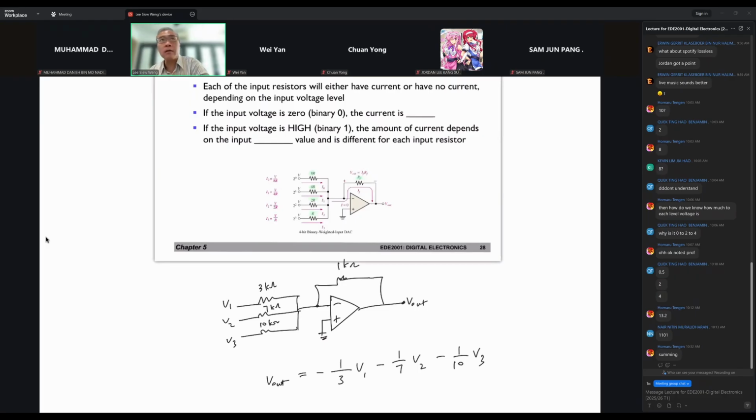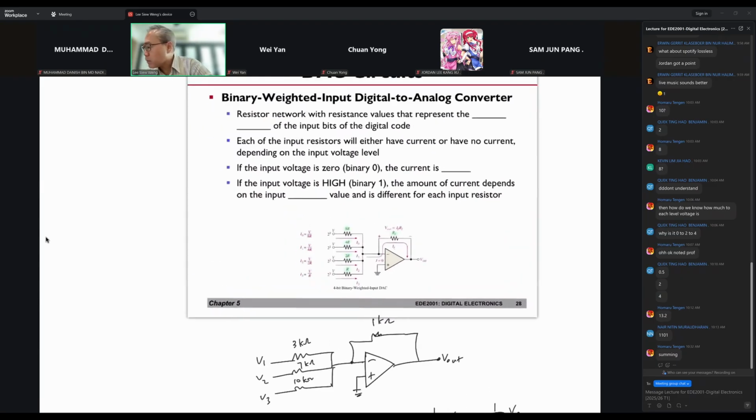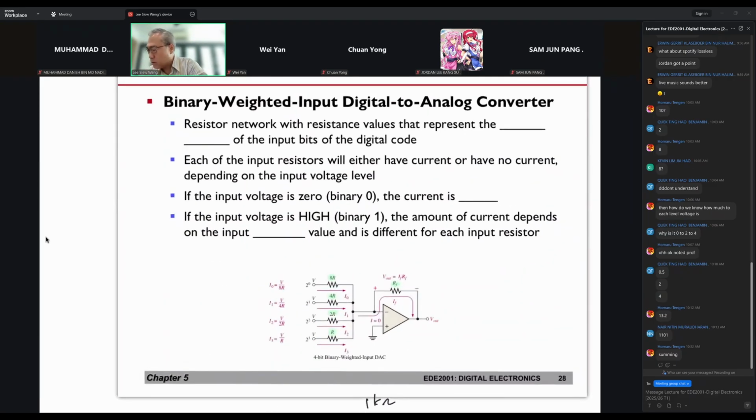So what we have here is the DAC version of a summing amplifier, and you can see that the resistors are just going to be starting from R, double of it, 4 times of it, and 8 times of it. That's all. Now, there comes a problem. If this is 4 bits, and I have 8 bits, the resistor value difference is huge.